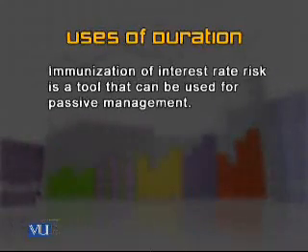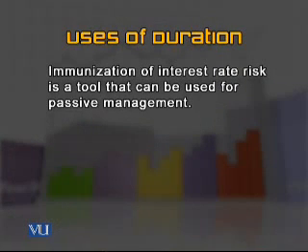You will precisely know what returns you are going to get over a period of time, and what the amount of interest will be for that period, divided in coupon rates. So you get yourself immunized from interest rate risk by the use of duration, and it is a tool that is considerably used for passive management.